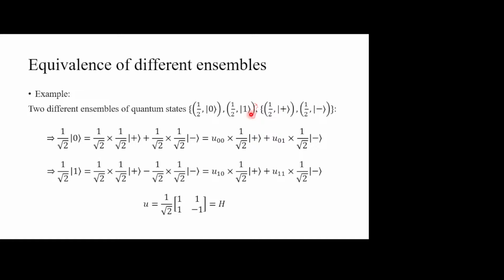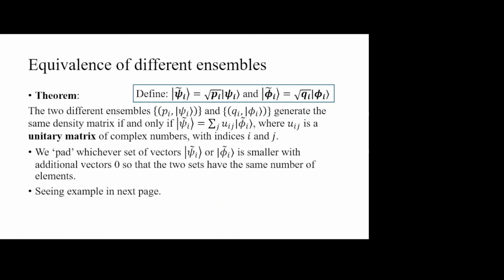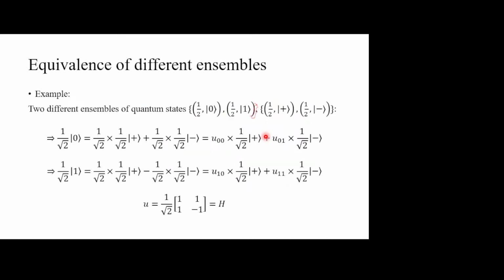We have already done our calculation to know that this ensemble gives the density matrix as this ensemble. And here we try to write down this equation. So we want to say there is a unitary matrix to relate those unnormalized vectors in the first ensemble with the unnormalized state vectors in the second ensemble.